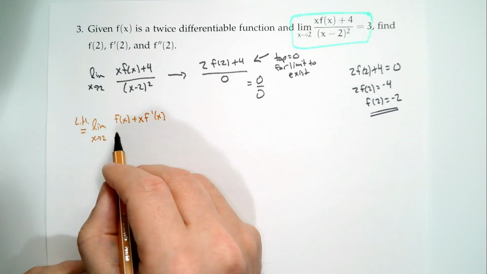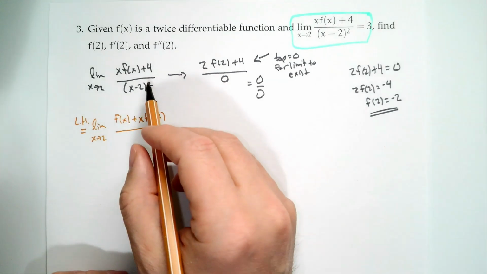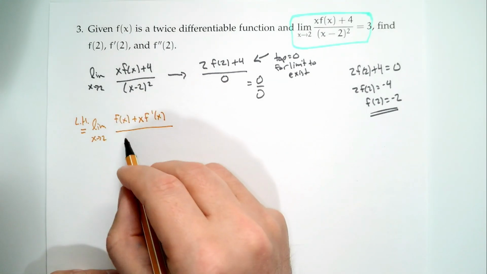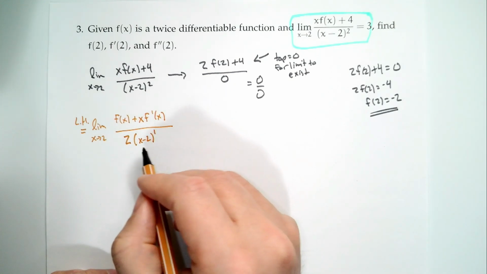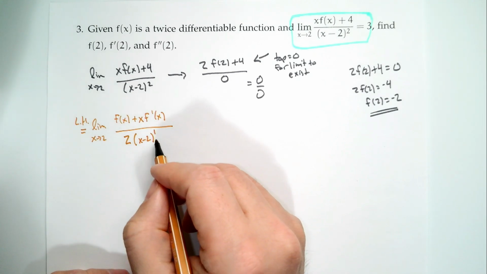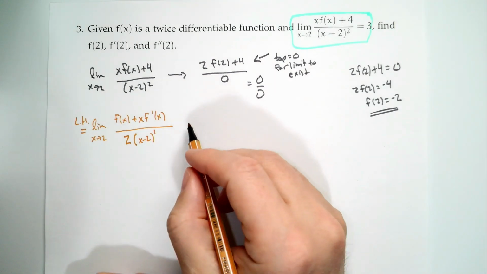Good. Downstairs, derivative of x minus 2 squared. Well, think chain rule. 2 comes down, so it's 2 times x minus 2 to the 1 times the derivative of x minus 2, which is 1. All right. So, again, we have a limit. Let's plug in 2. What do we get?